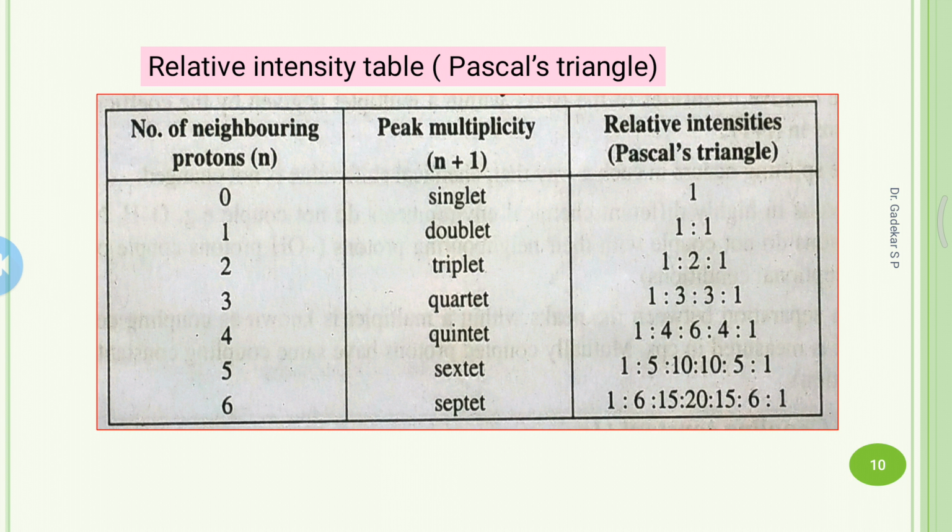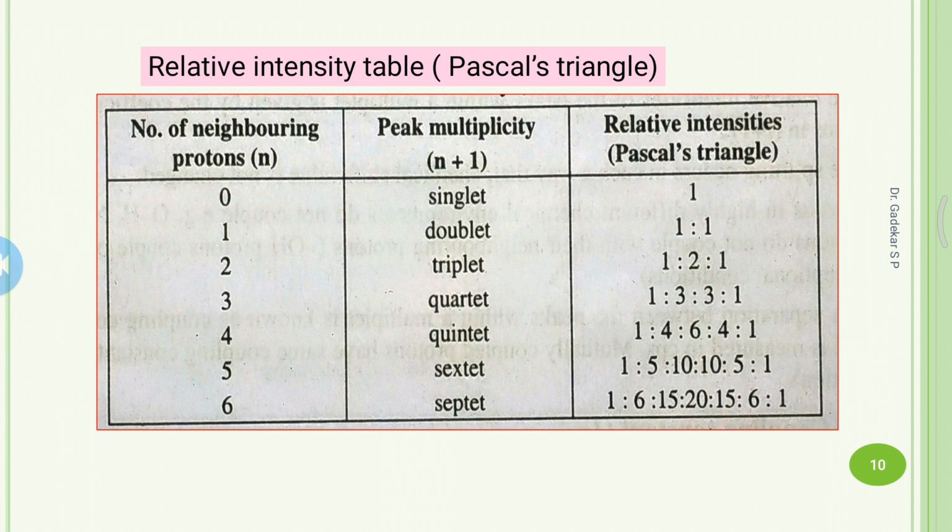If the number of neighboring protons is 0, then we use the N plus 1 rule for peak multiplicity: the peak is a singlet and the relative intensity is 1.